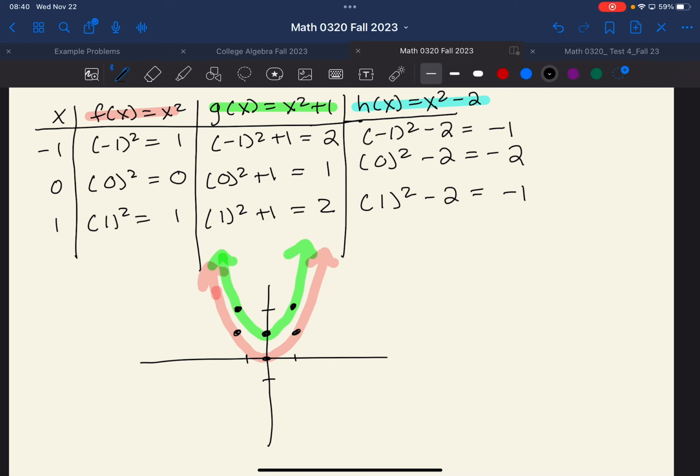Now my last function, h of x, I'm going to plot -1, -1. 0, -2. And 1, -1. And again, see how when I graphed this, it moved my function down 2. Okay, so remember we're looking at the parent function, which I have in pink, and then the other two functions, how one shifted up and the other shifted down.